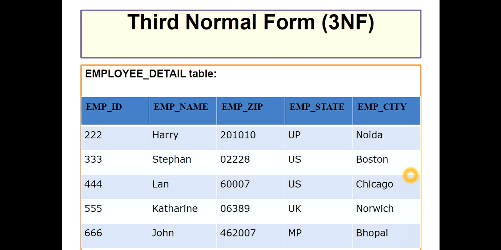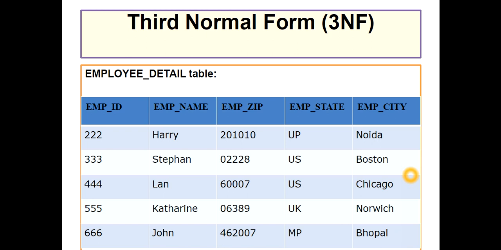That is, employee ID 222 has the employee zip 201010. So basically, this employee state is dependent on employee zip and employee zip is dependent on employee ID. But again, this employee state can be directly obtained from employee ID, isn't it? Because employee ID is our candidate key.